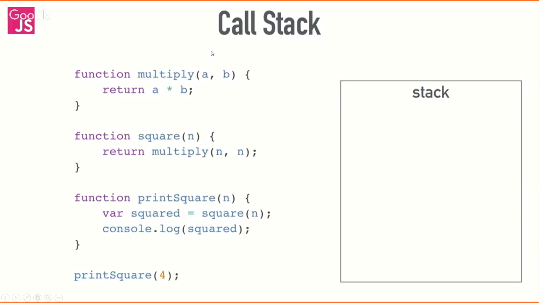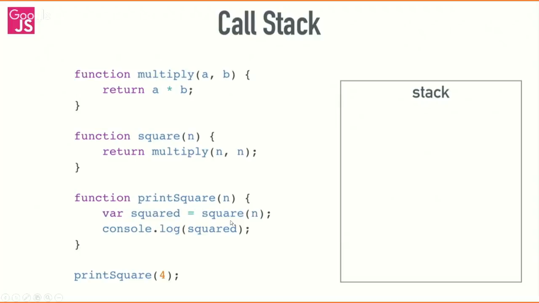So let's try and visualize this, to get our heads around it. If you have some code like this here, we've got a few functions. Function multiply here, which multiplies two numbers; square, which takes in a number and returns the multiplication by using the multiply function with the numbers we've specified; and the function printSquare, which takes in a number.